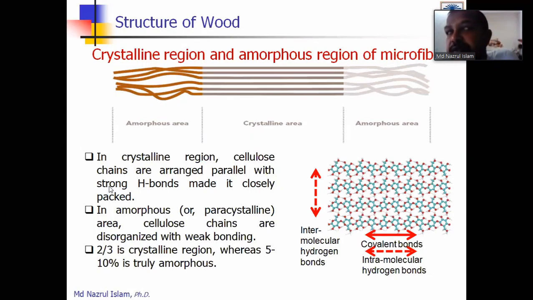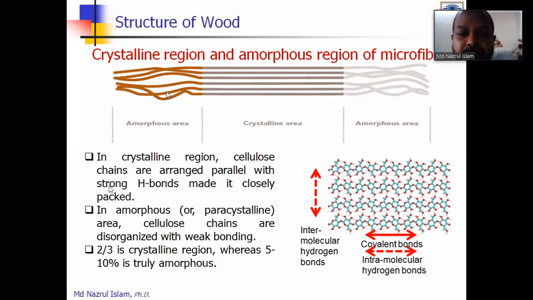So what happens if that is parallel? If it is parallel, it means that the bonding is regular bonding, and when the bonding is regular, it makes the stronger bond. But on both the left and right hand side, you will see the bonding is not regular.